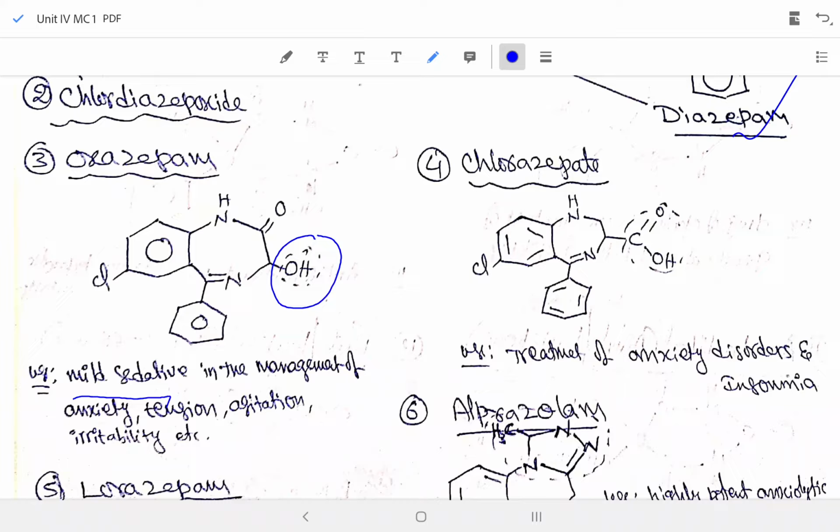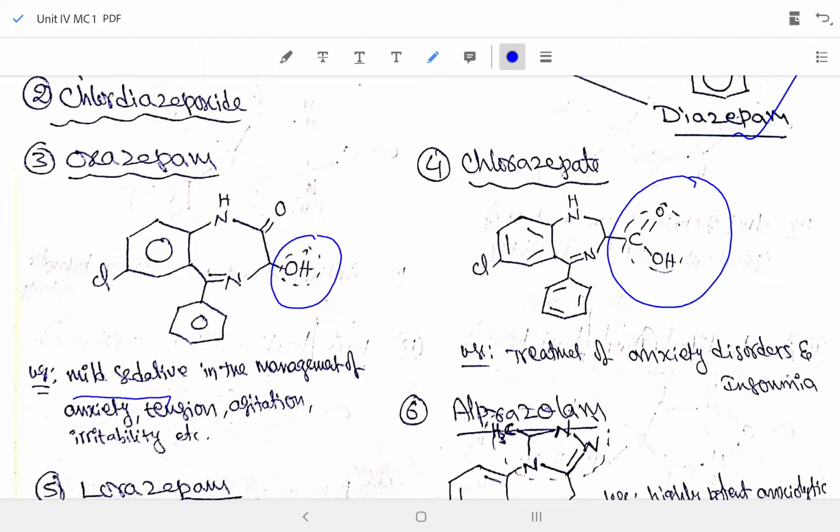Okay. The fourth one is clorazepate. Clorazepate has a carboxylic acid attached at the third position, so it is also more polar when compared with compounds unsubstituted at the third position. Okay. It is also used for the treatment of anxiety disorders.